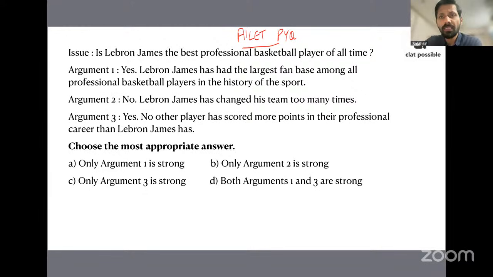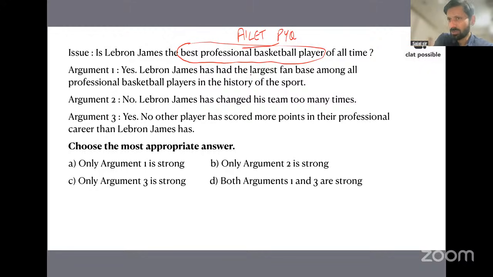Okay, is LeBron James the best professional basketball player of all time? Right, one second. Is he the best? Yes, he has had the largest fan base among all professional basketball players in the history of the sport.